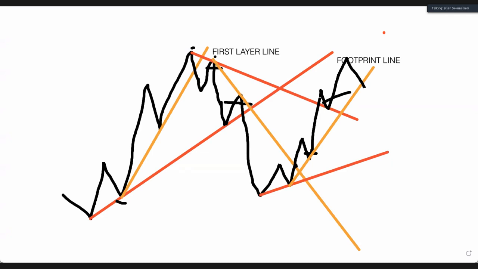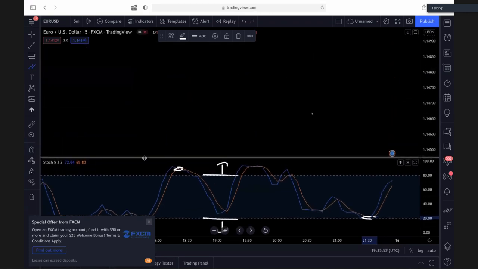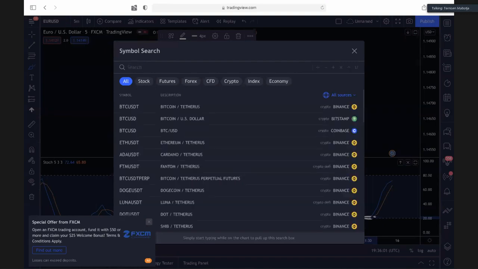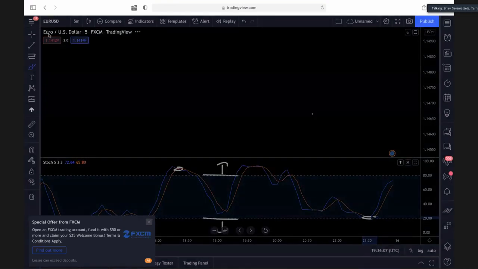What I want to do now is show what I've shown you on the diagram, practically on a chart. Let me start.